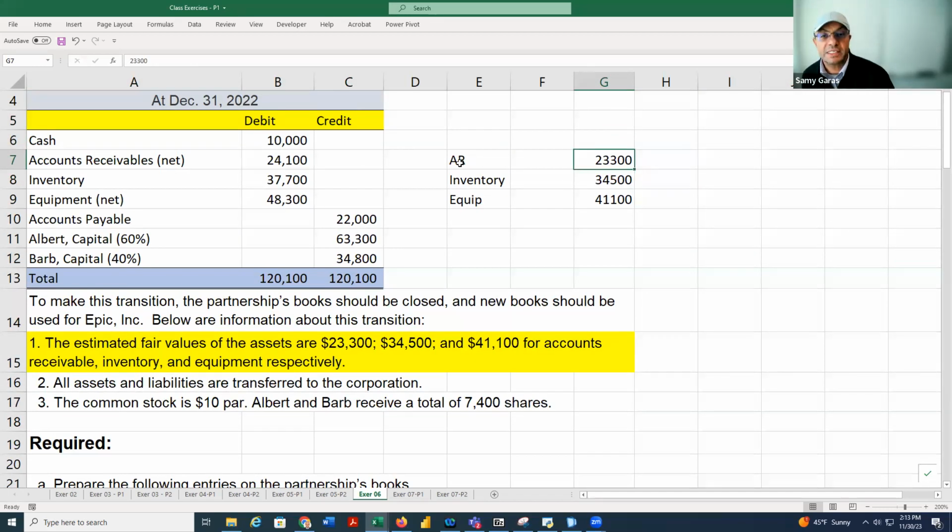So those assets, we start from here. Cash, 10,000. Then we take the fair value, not the book value, for receivables, inventory, equipment, and then we close off the accounts payable.